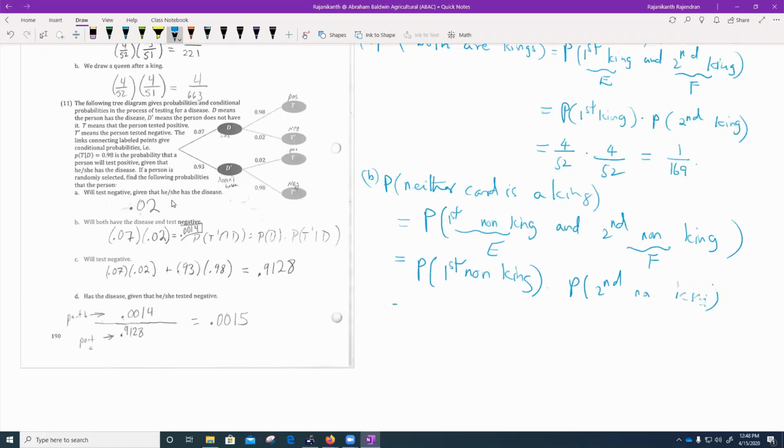So let's look at the first piece, the probability of getting non-king. So there are 48 of them, right? So there are 48 of them out of 52. Right? Second time also you will have the same number of non-king out of 52. Okay, remember you are replacing.